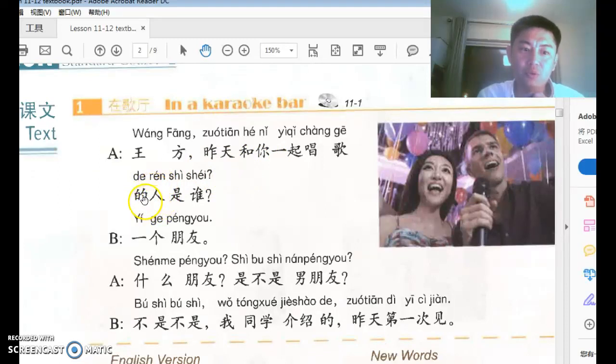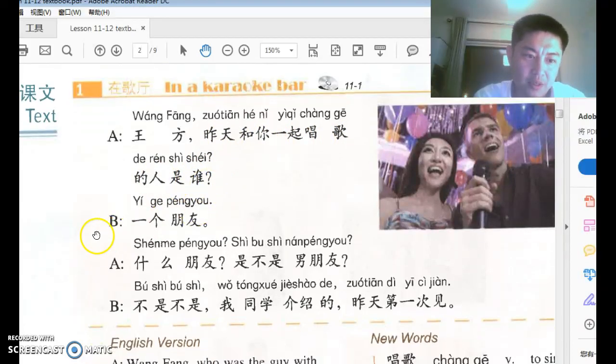So a person who does all those things together. 唱歌, to sing a song. Look at this 歌, right? The left part is the 哥 for older brother, 哥哥. Try to remember that. 唱 is to sing, 唱歌 is to sing songs. 一起 together, 和你 with you, 昨天 yesterday. So the person who was singing together with you yesterday is who?